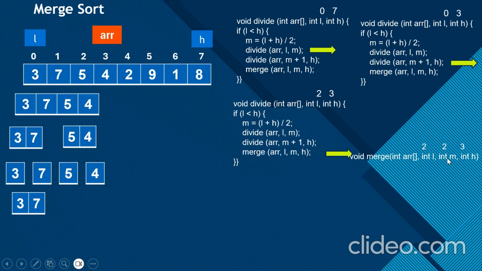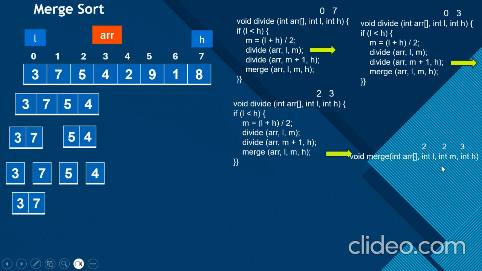The next sub-array, and this is a general formula, so it applies here also, and we'll be seeing later on also that whenever you call the merge function, this index represents the lowest index of the first sub-array, and this represents the highest index of the first sub-array. Now M plus 1 represents the starting index of the second sub-array, and H represents the highest index of the second sub-array.